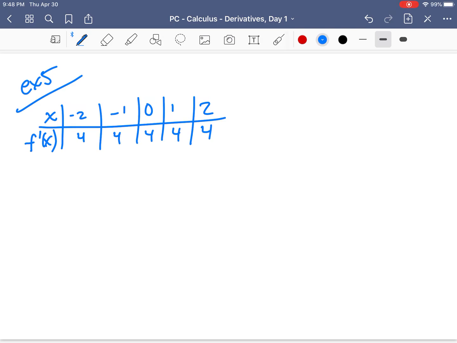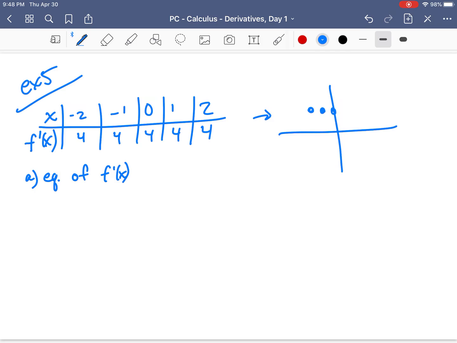All right, so let me ask you this. What is the equation of f prime of x? All I'm really asking you is, what is the equation for this table I've given you? Well, think about this table. If you were to graph this table, at -2, the answer is 4. At -1, it's 4.